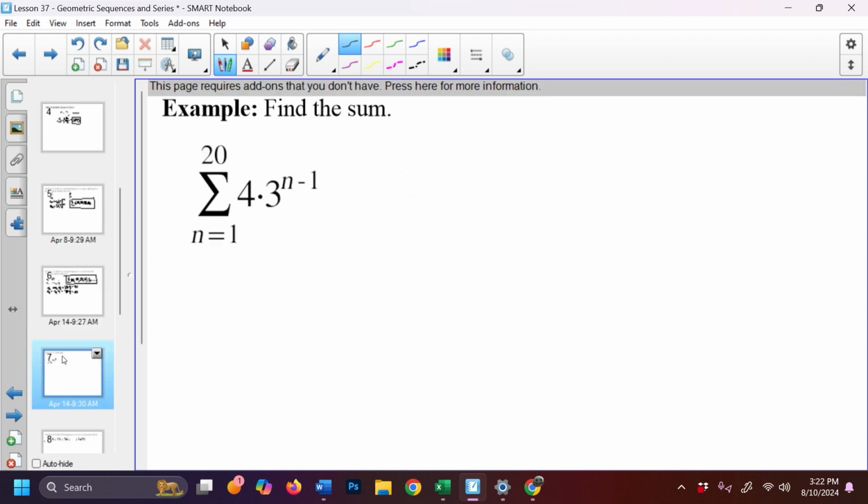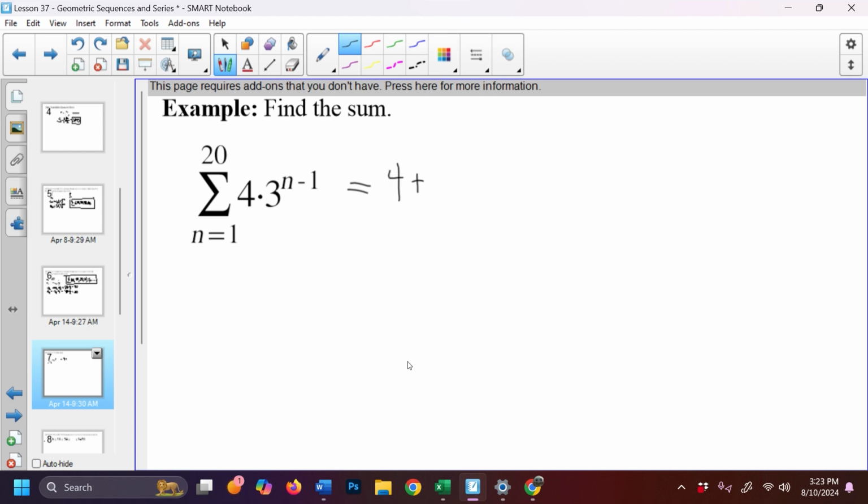All right, next example, it says find this sum. So if I start plugging these values in, my first term would be when n is equal to 1. Now when I plug in 1 into this expression, I get 1 minus 1 is 0. 3 to the 0 is 1. 1 times 4 would be 4.